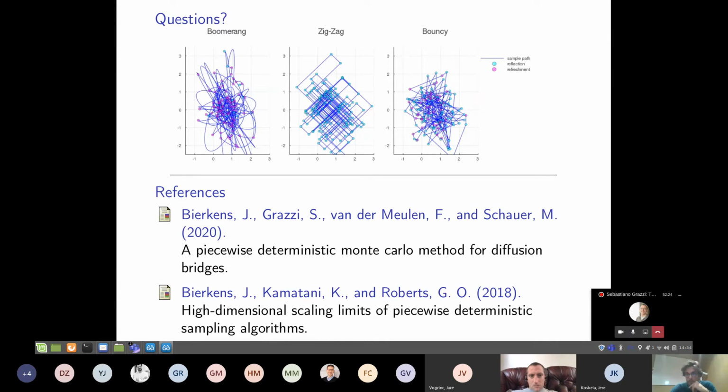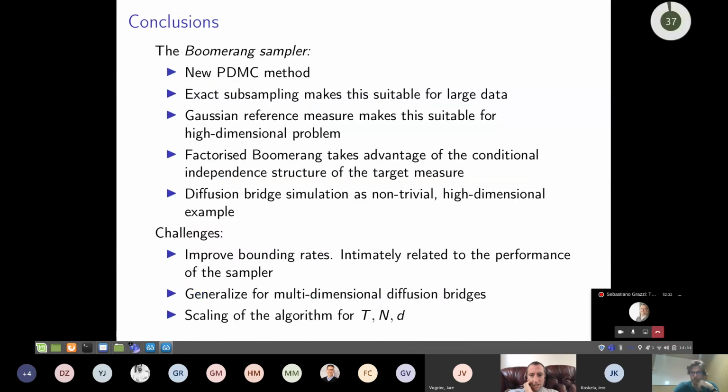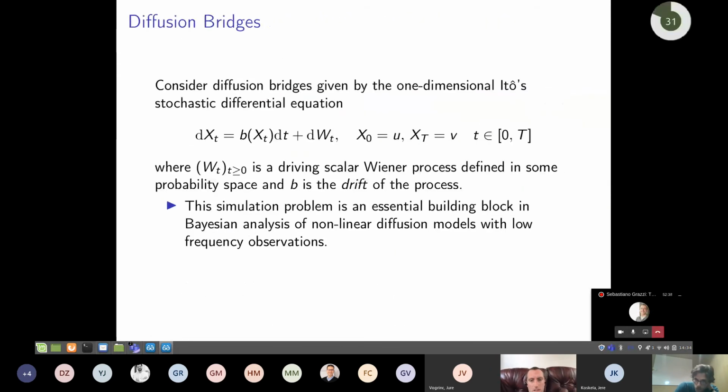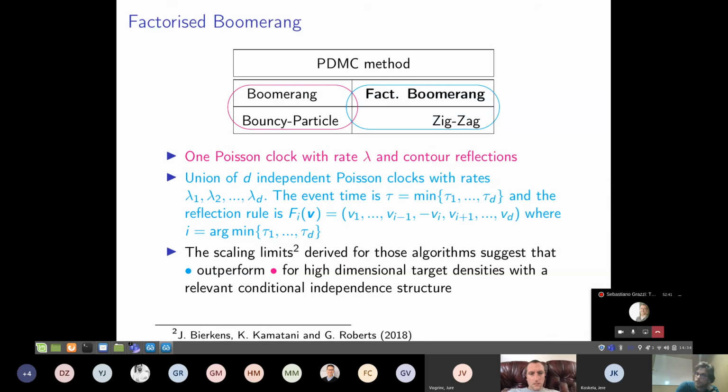I'm not completely clear about the last bit, what you were saying about the conditional independence and how you're using that. Can you recap on that a little bit? Yeah, sure. We basically proposed the factorized Boomerang sampler after referring to the scaling limit results derived in this paper, which suggest that factorized samplers in general should outperform the non-factorized ones.